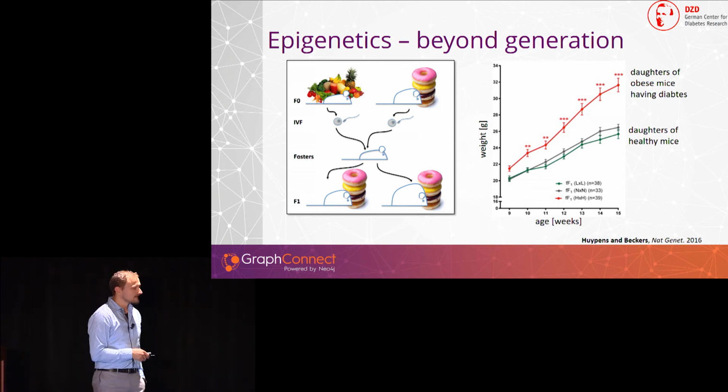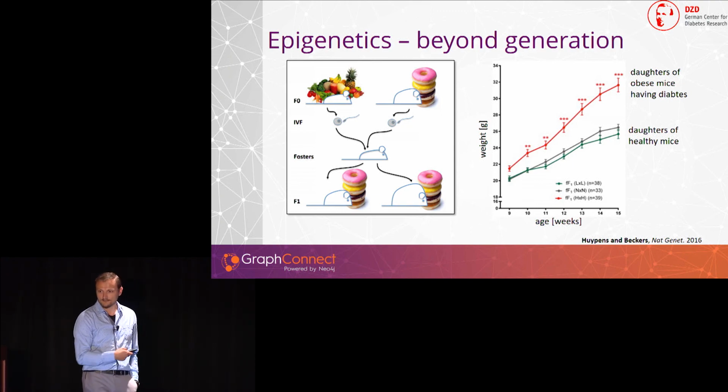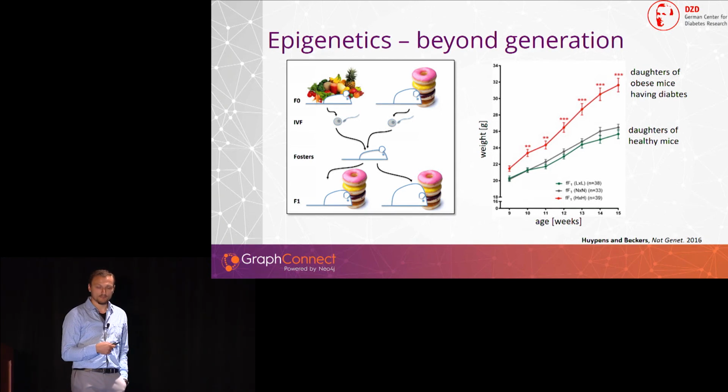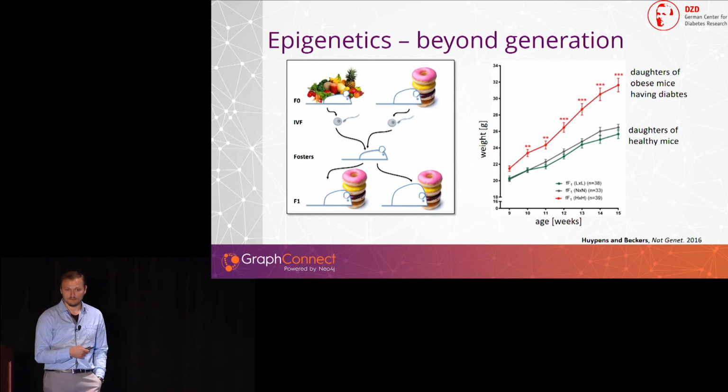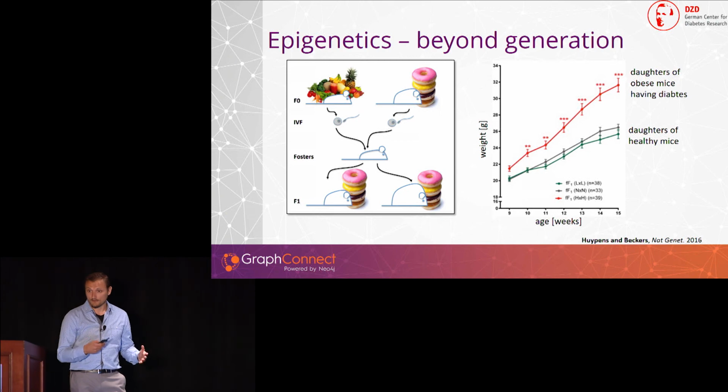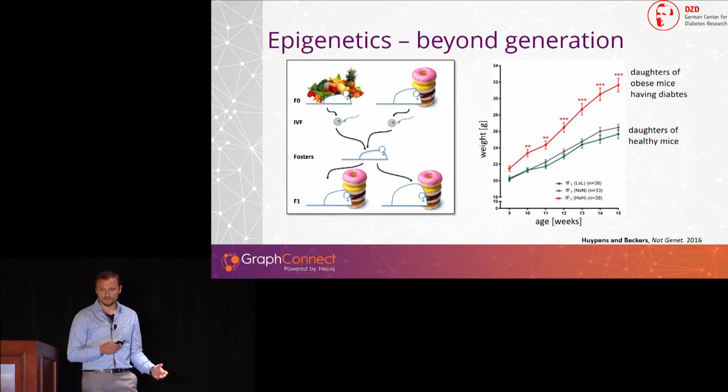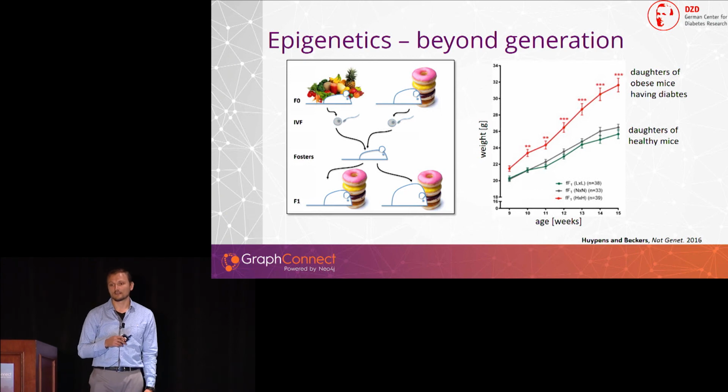And the question was, is this model also true in human? This is exactly what interests us. Are these the same metabolic pathways? Are these the same genes involved? Are these the same, let's say, lifestyle or environmental factors? So this is what we are currently investigating.